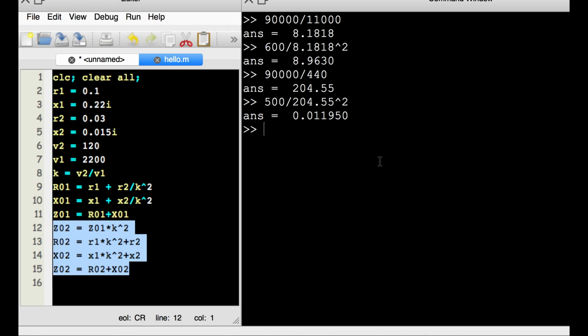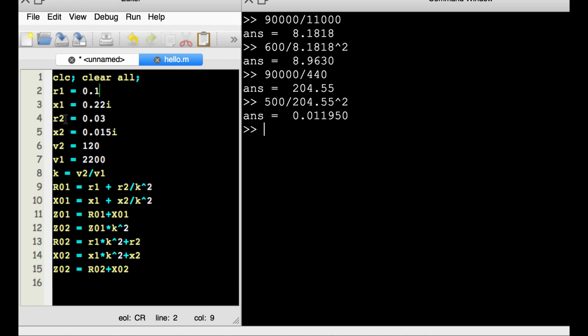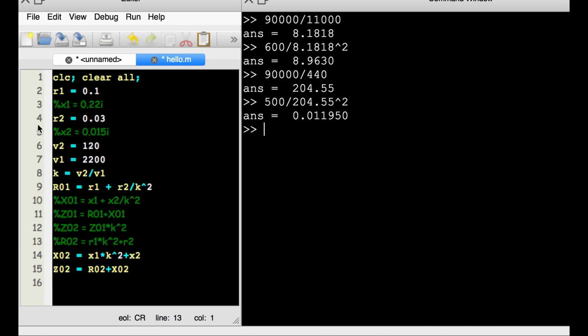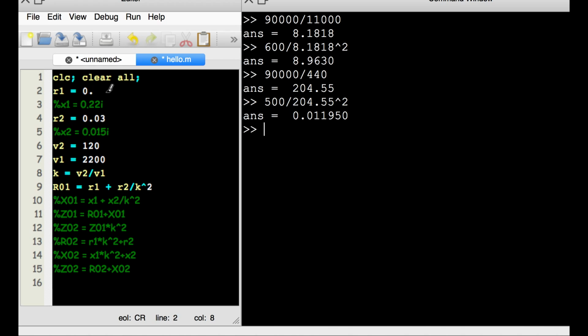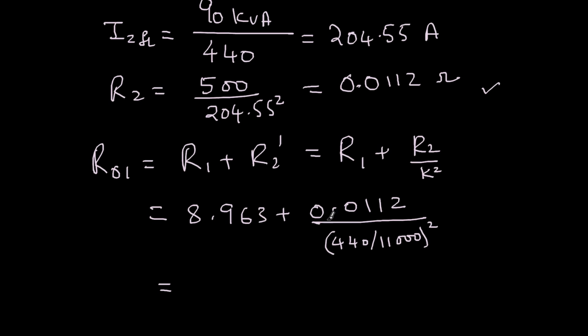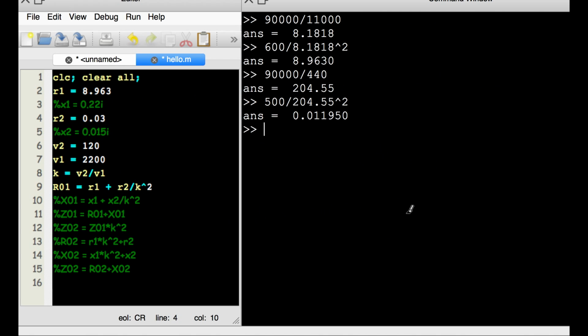In fact, let me use the previous code. I will comment out everything pertaining to X, so X, Z. The lines not required I have commented out, and R1 I know the value, that is 8.963, and R2 value is 0.0112, and then the secondary voltage is 440 and primary voltage is 11,000, and this will give me R01.